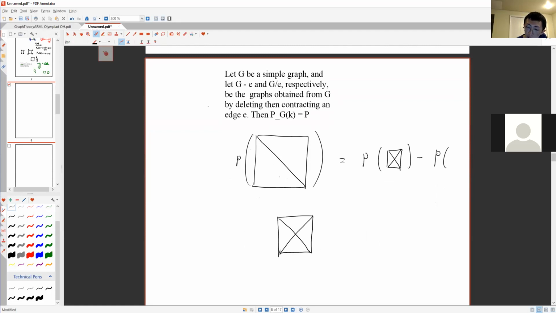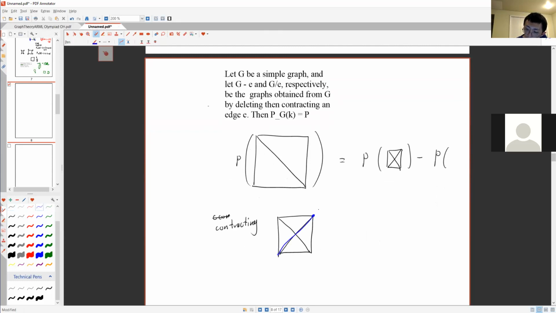Deleting an edge is clear what that means, but contracting just means, let's say I want to contract this edge.